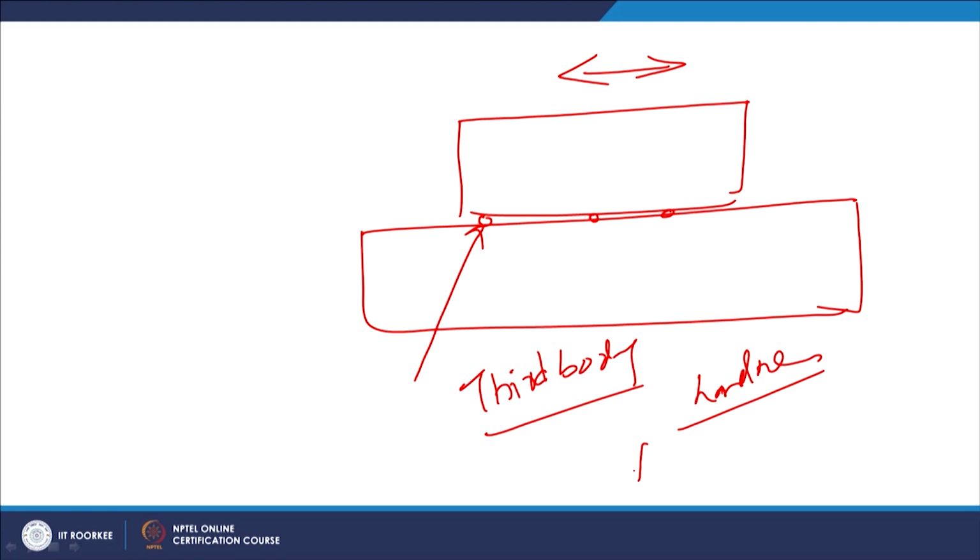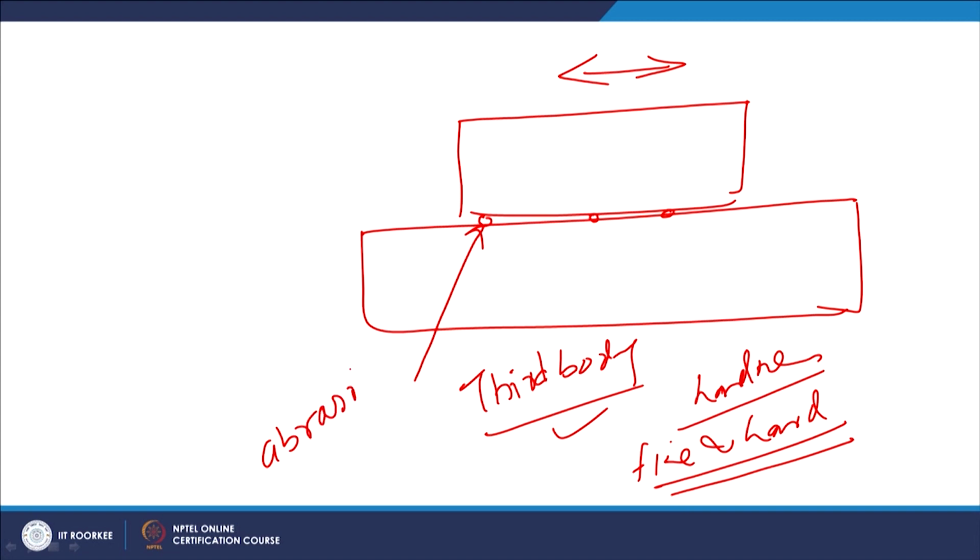So, fine and hard particles present between the two components under relative movement act as a third body, and because of their higher hardness than the base metal, sometimes they facilitate abrasive wear.